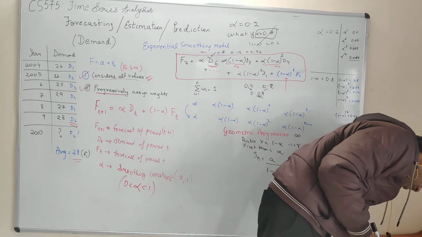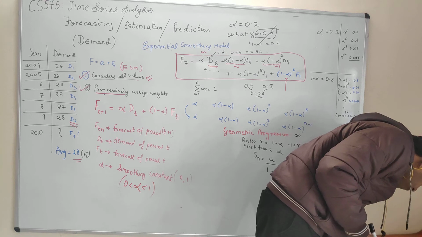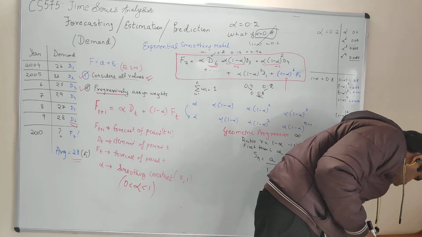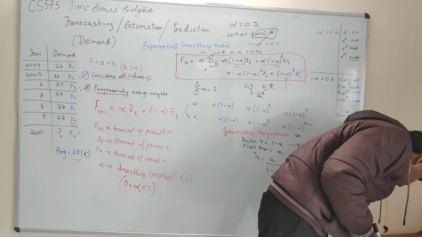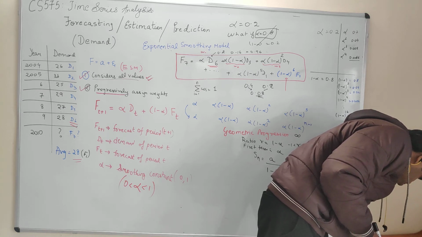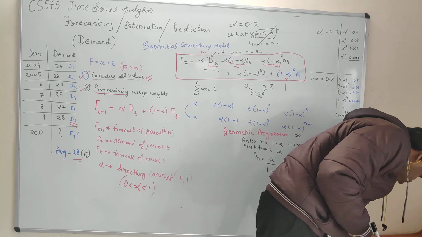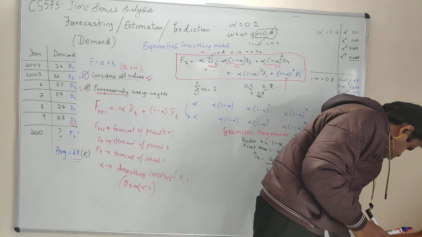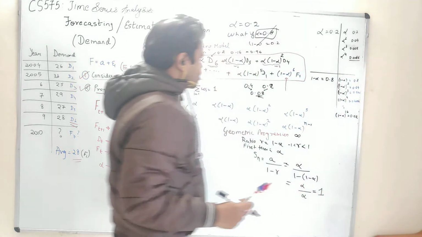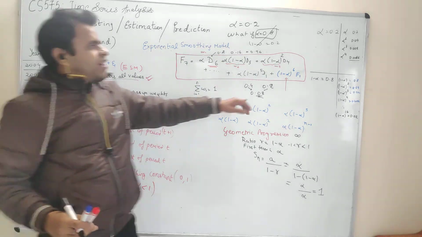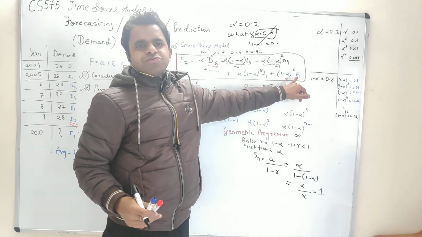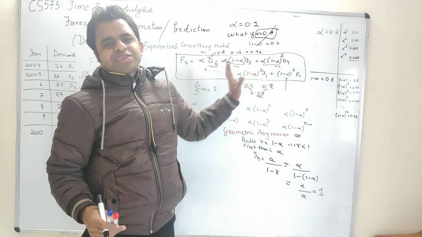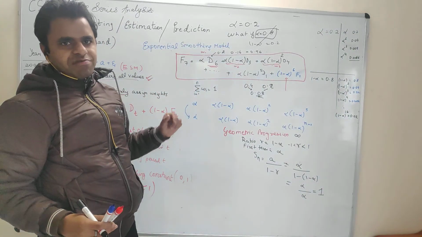Let me just check if I have missed out on anything. Okay, so the last point that I was making is that since this value will tend to 0, the value that you give to F1 does not have any major impact on the final outcomes.